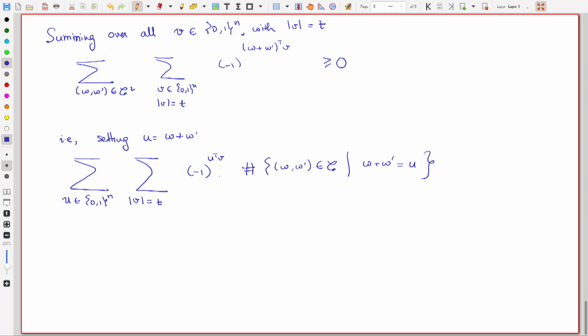So, let us say that this u transpose v is the number of common ones in u and v, right. So, suppose u transpose v is equal to j, and let us say that the Hamming weight of u is equal to i.